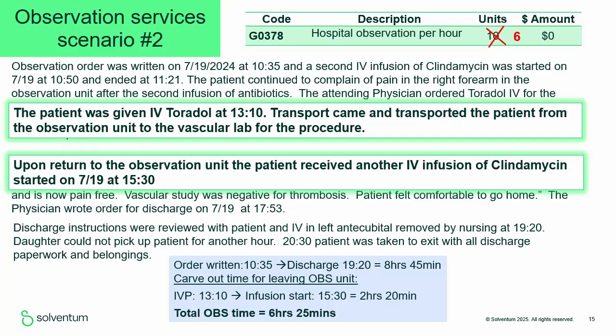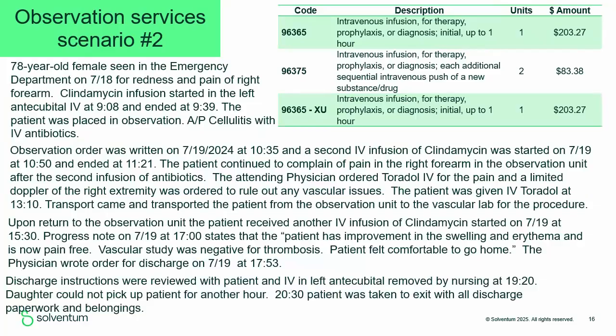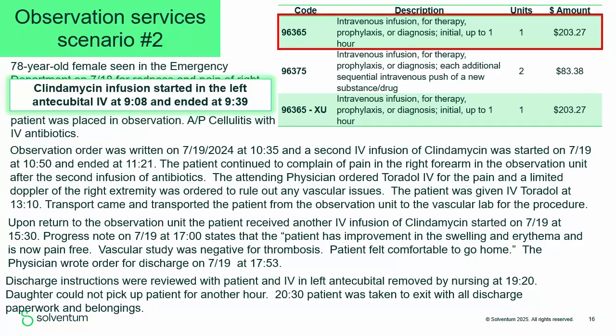Let's discuss our last set of charges in coding, which is the medication administration. Infusions can be charged in the observation setting. In this case, starting with the clindamycin, we have 3 different infusions that took place. The first infusion comes out to be 31 minutes, and this is correctly reported with that initial infusion up to 1 hour, 96365.